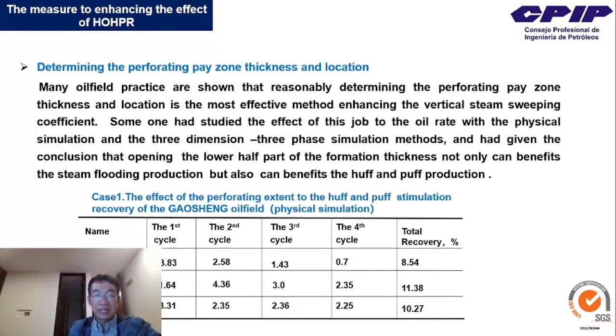We can say if we perforate the whole thickness, the total recovery is 8.54%, and if we perforate the lower part of half thickness, the total recovery is 11.38, and if we perforate the lower part of 1/4 thickness, the total recovery is 10.27.